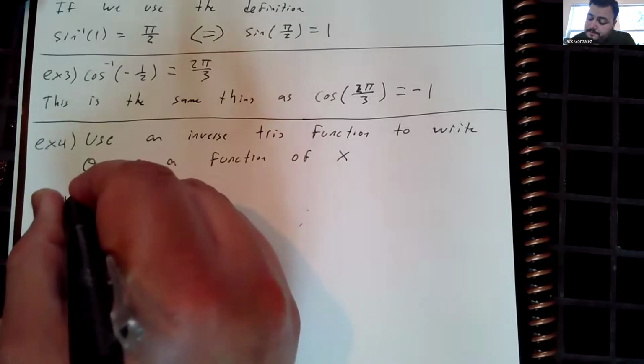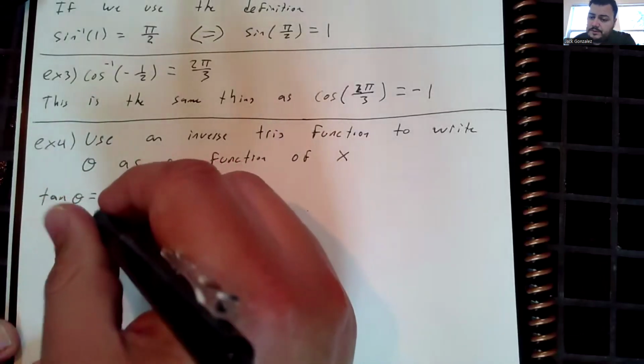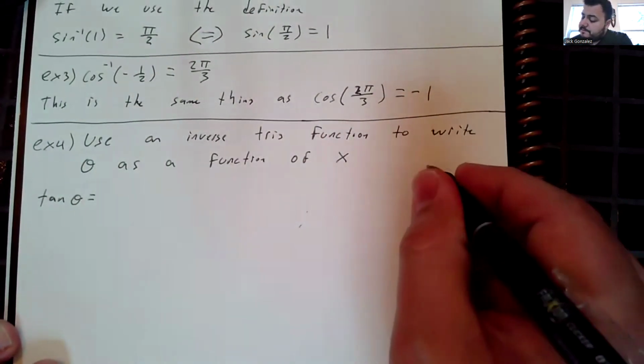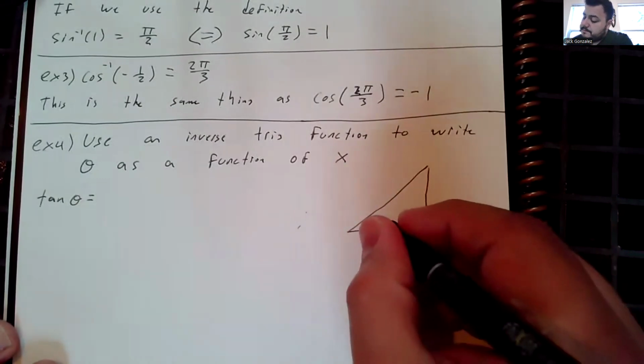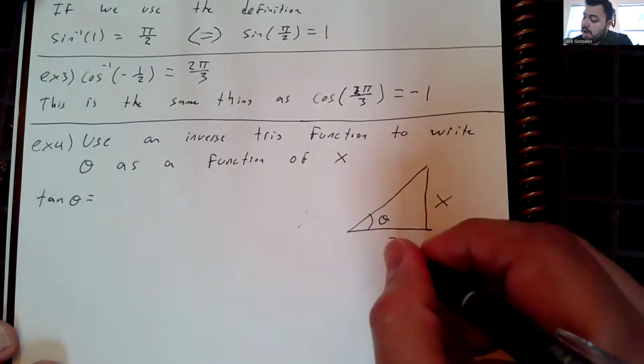Tangent theta is equal to, I didn't write the triangle, let me write it down so you can see the logic. Here's theta, x over 3.